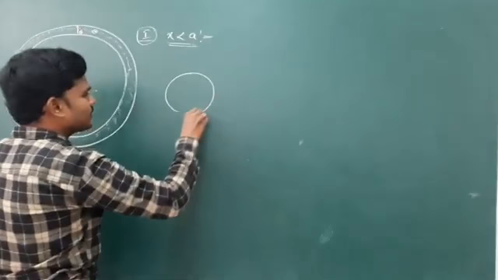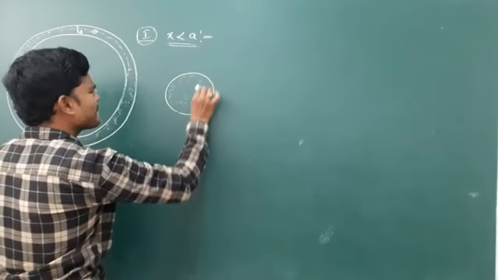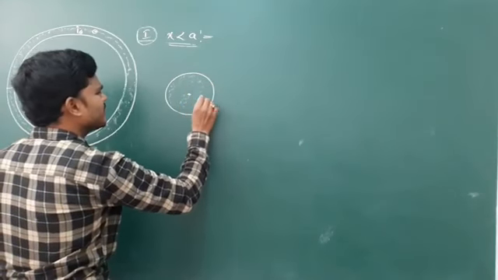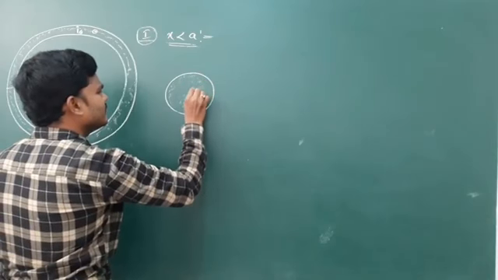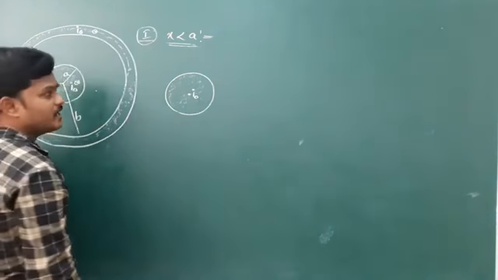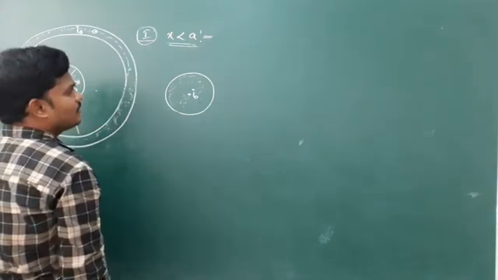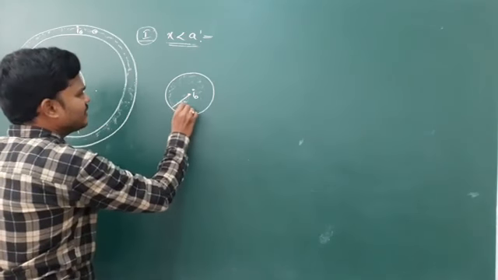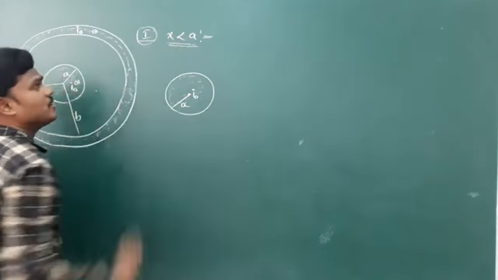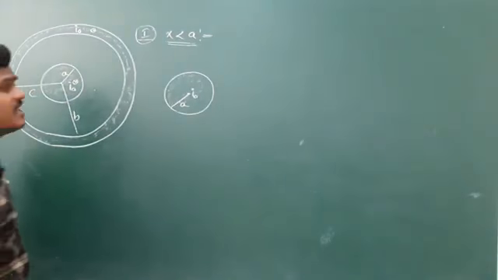So let me draw only the inner wire. This is the inner wire, carrying current I0, and its radius is given as a. But the target is to find the field at x less than a.